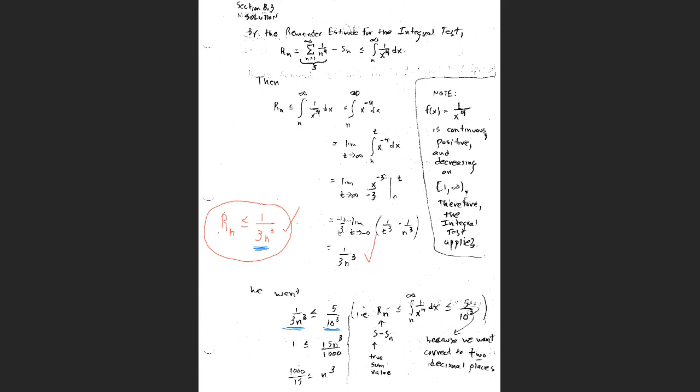Because we want our estimate to be correct to 2 decimal places, I have 10 to the 3rd power in the denominator and a 5 in the numerator, which incidentally is equal to 0.005.